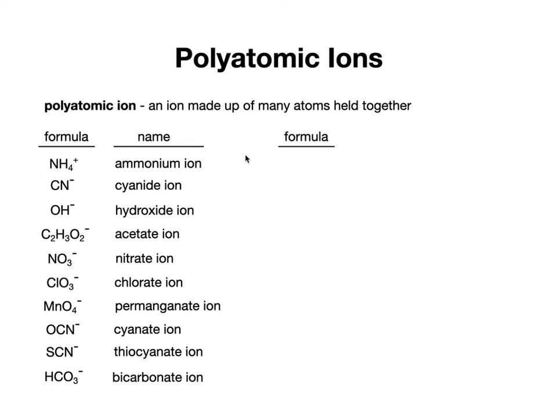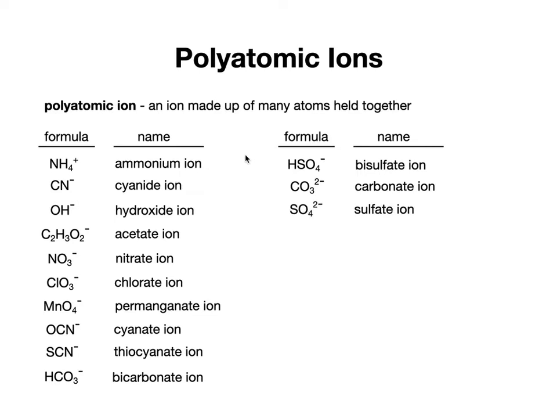Okay, so we come over to the next column here. HSO4 minus is the bisulfate ion. CO3 2 minus is the carbonate ion. Okay, we've got the sulfate ion.